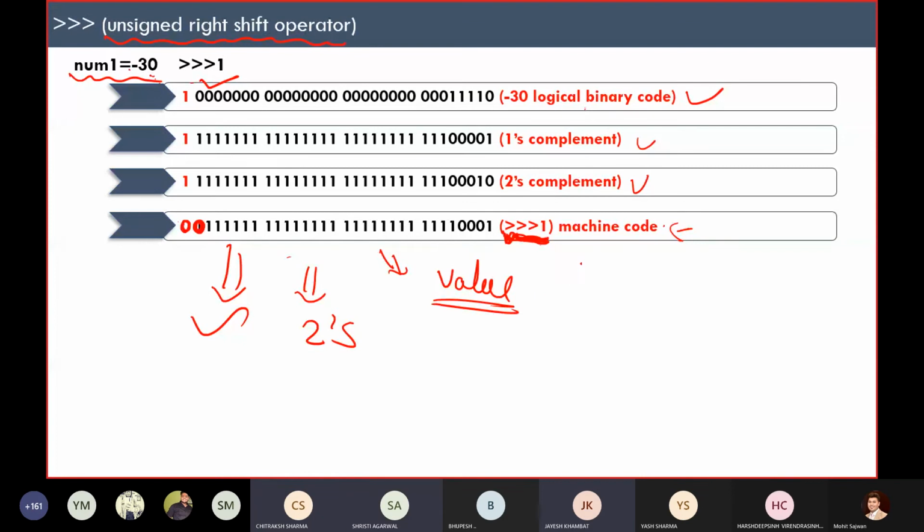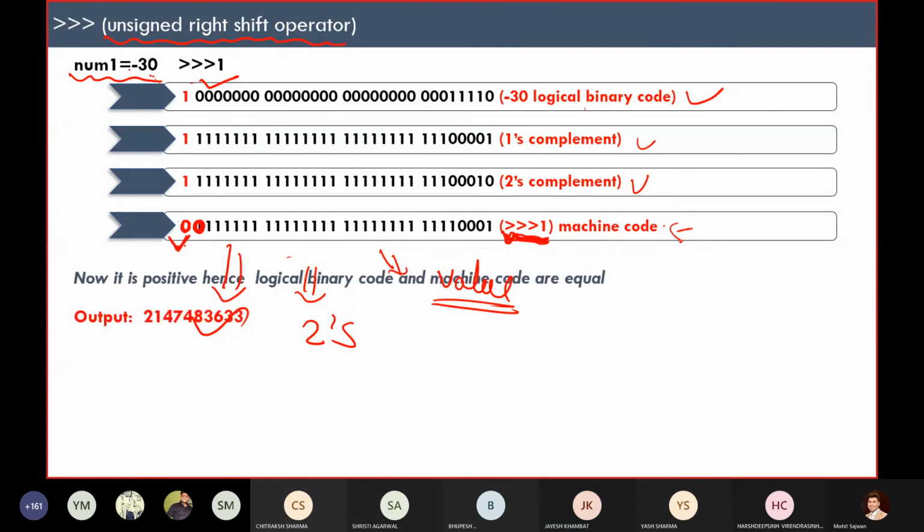Right, we are not going to perform 2's complement. Why not? Because here we are getting a positive number, and for a positive number the machine code and the logical code are the same. So that is why, whenever we perform the unsigned right shift operator on -30, this output you will get.